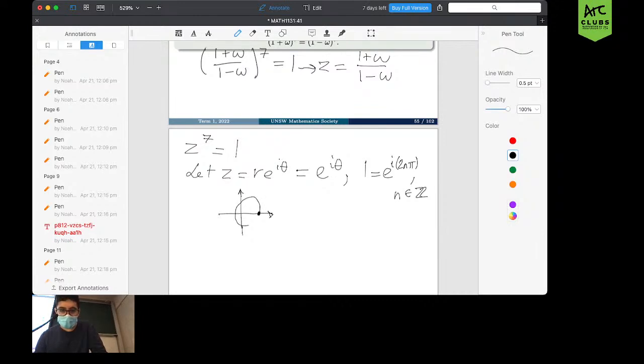It also has argument 2 pi, and similarly 4 pi, and we can also go backwards. It has argument negative 2 pi, negative 4 pi, and so on. So it's just an integer multiple of 2 pi, and therefore I represented it as 1 equals e to the i, and the argument is 2n pi, where n is an integer.